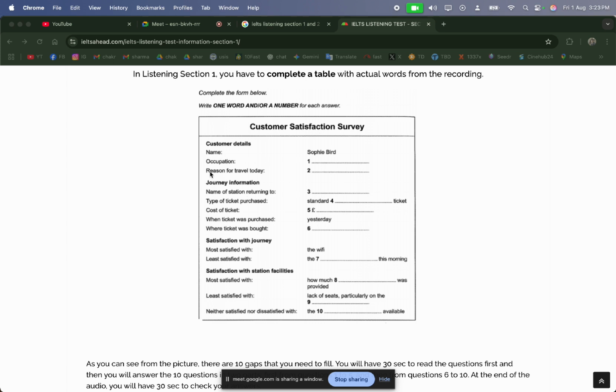There can be any reason, and the reason will be spoken, because you will be wearing headphones and you will hear a conversation between two people, and they will give you all the information. Then, for example, the name of the station returning to.